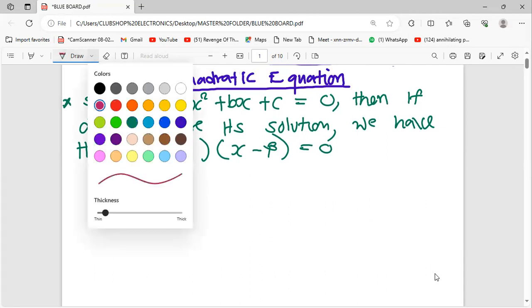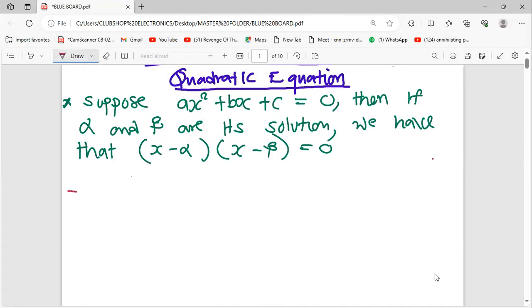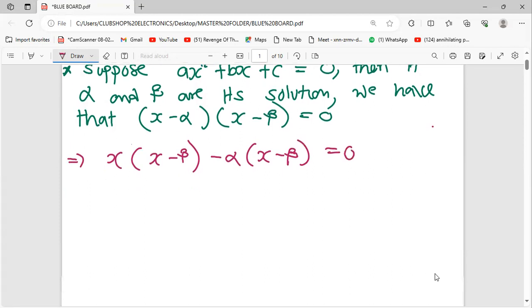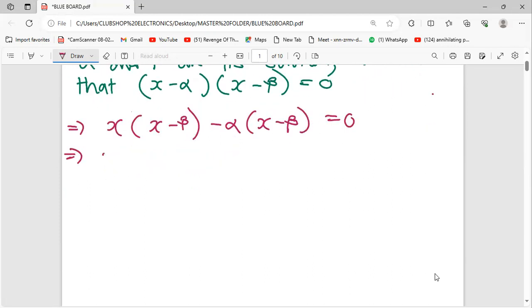If we expand it, what does this mean? This would be x open bracket, if you multiply it, like this: (x minus alpha)(x minus beta) equal to 0. So this implies that you have x squared minus beta x minus alpha x plus alpha beta equal to 0.